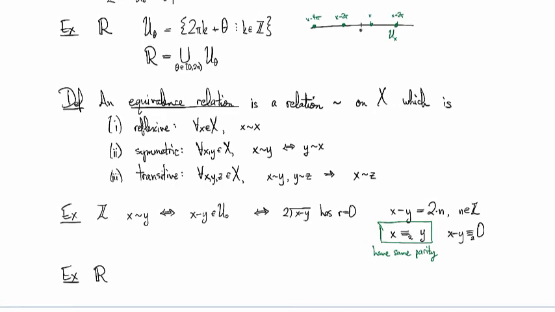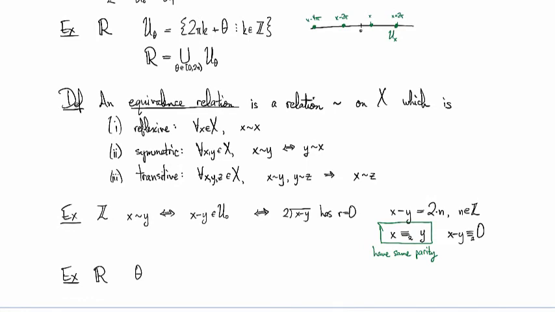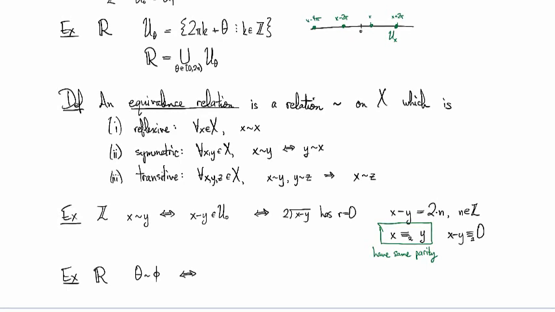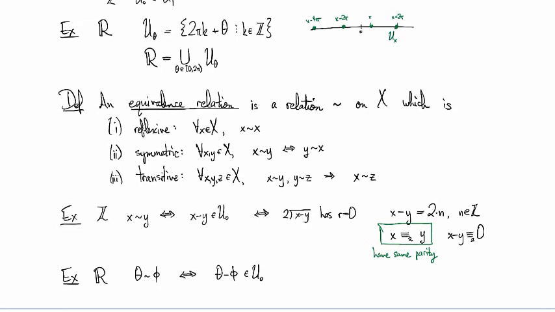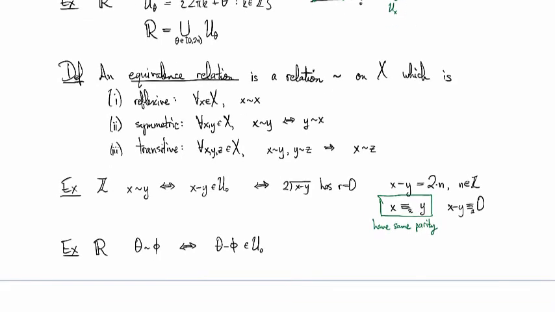And let's look also at R. In R, we put a relation saying that theta and phi are equivalent if and only if theta minus phi is in U_0.